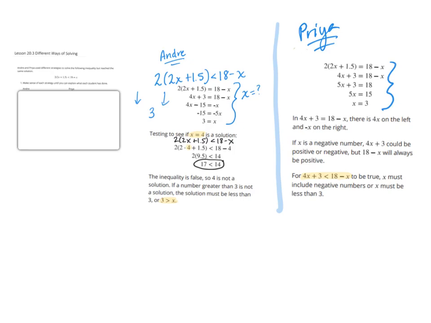Either it's going to be negative or less than 3 to make this true. If it's greater than 3, she would get something that's bigger than what's on the right, which would make it a false statement. So she thought about it a little bit differently than Andre, but both ways will give you the right answer.